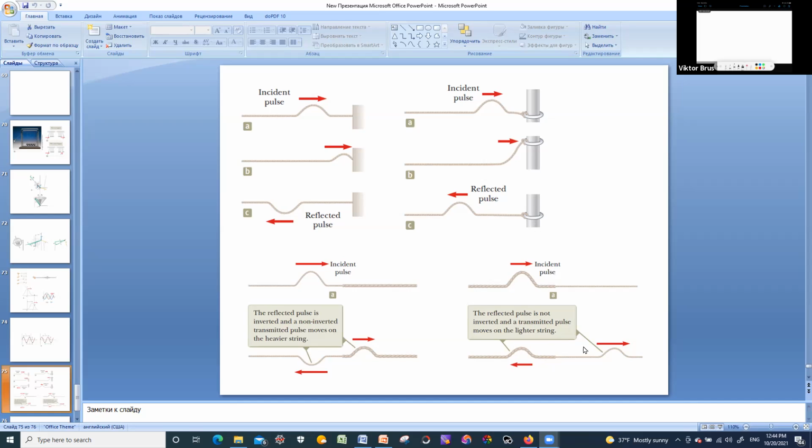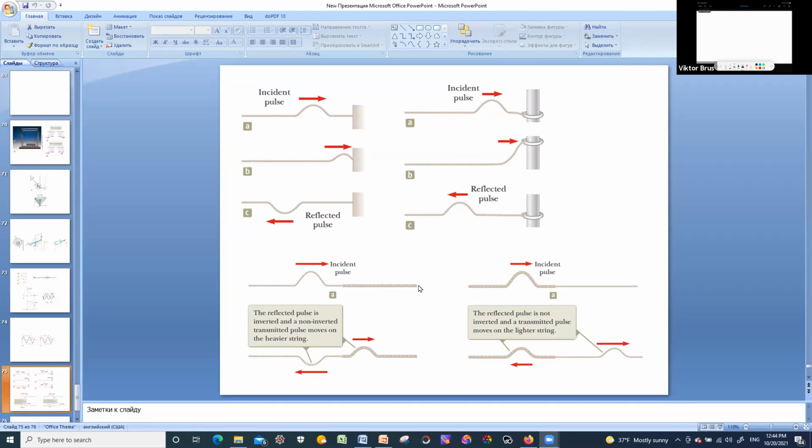So summarizing, I would like to mention that today we discussed the speed of spreading of a wave along a string.